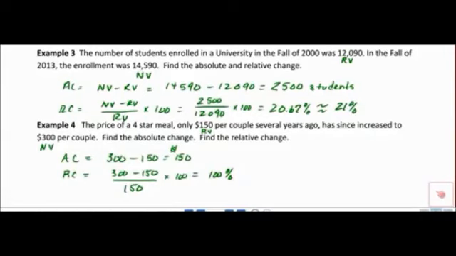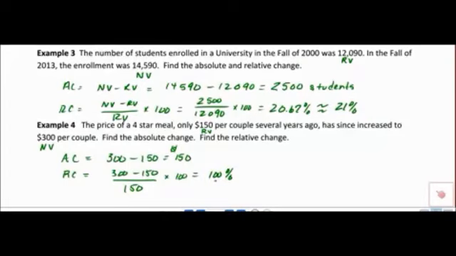Working example 4, the absolute change is $300, which is our new value, minus $150, which is our reference value, comes up to be $150. Now the relative change will be that value, 300 minus 150, divided by the reference value, which is 150, and multiply that by 100, and we end up with 100%.